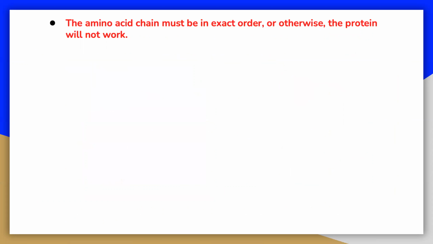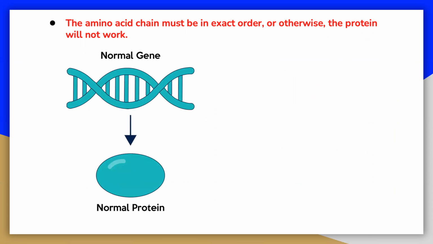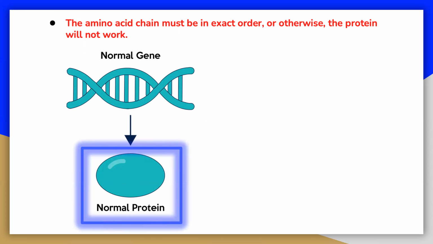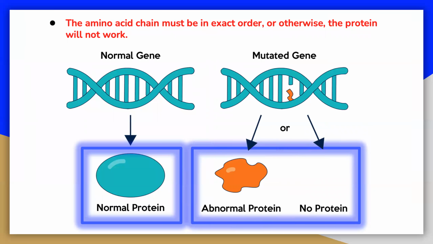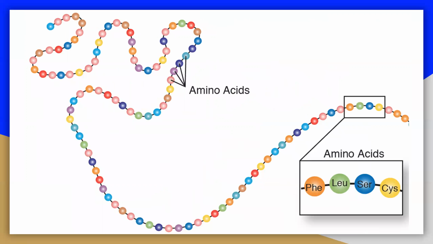glucose. In a recipe, the order you put your ingredients is vitally important. It is the same case with proteins and amino acids. The amino acid chain must be in exact order, or otherwise the protein chain will not work. Also, for every amino acid position in a protein molecule, there are 20 different amino acids to choose from.